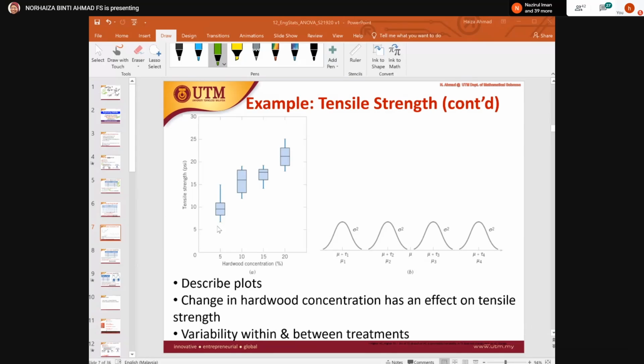So this is a box plot. Can you describe the tensile strength that you can see here? Can you comment on the tensile strength that you observe in this plot?